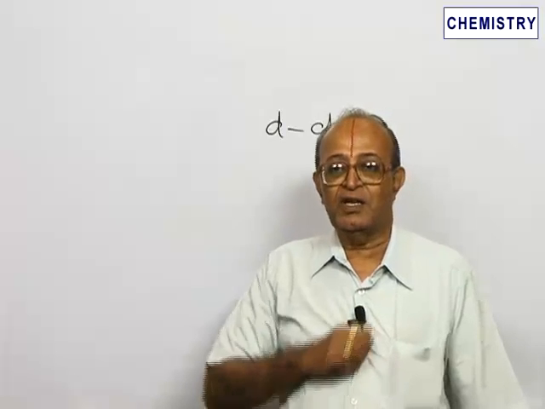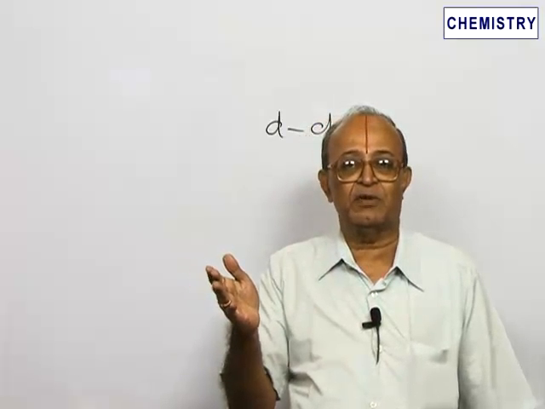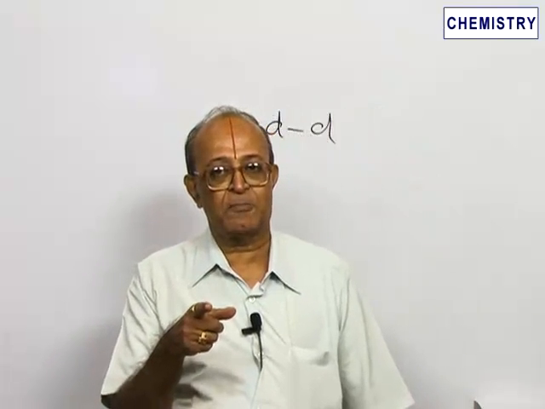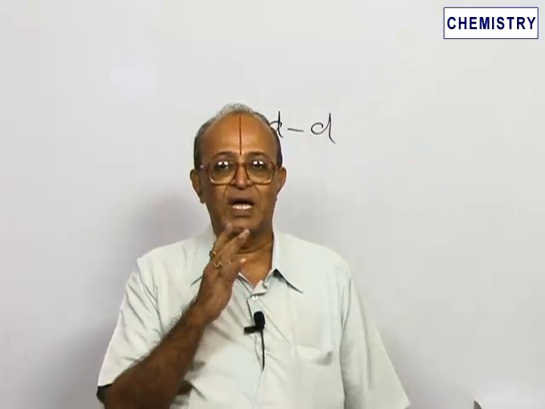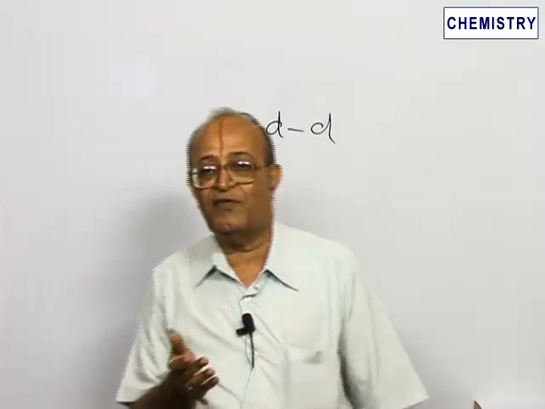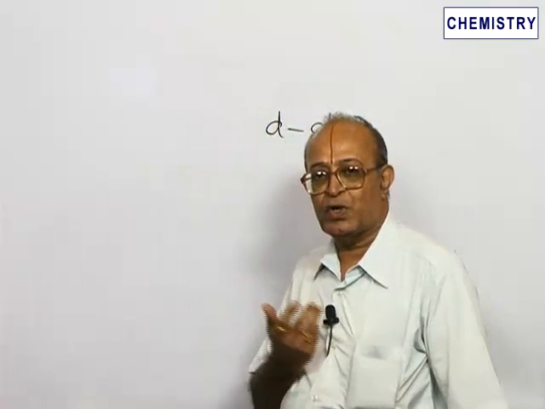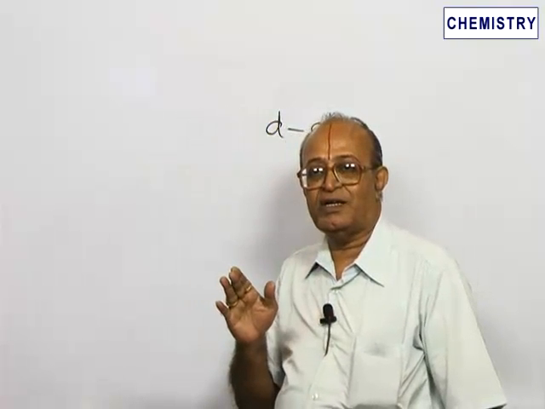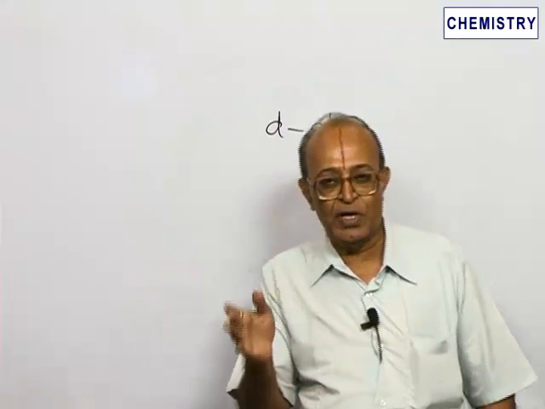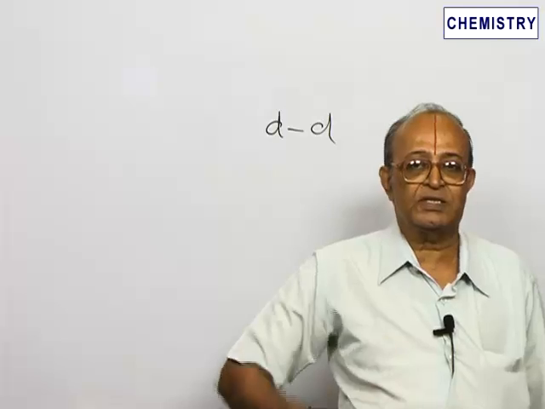That is, if there is no electron in the D orbital, D-D transition is not possible. If D10 configuration is present, then also not, because the D orbital's maximum number of electrons is 10. So, completely filled D orbital, this configuration, and D0 configuration, in these two cases, there will not be any D-D transition. If there is no D-D transition, then we say that particular compound is colorless.